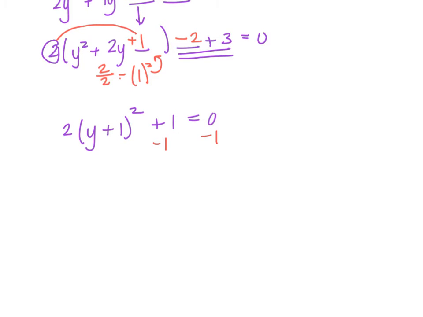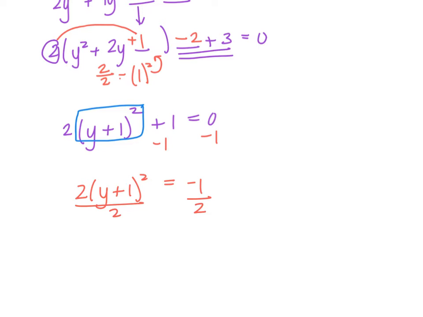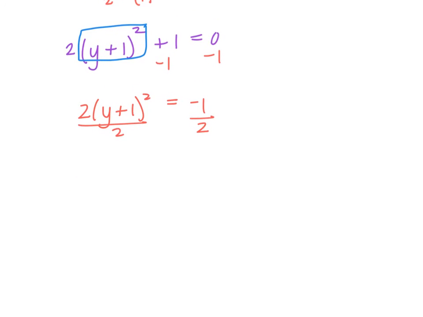So we're going to subtract 1 from both sides. We have 2 times y plus, let me talk about that. Whatever's being squared, we want to make sure to get that by itself. So if you have any plus or minus numbers on the outside, that's the first one to go to the other side. Now we're going to take care of that 2 out front. We're going to divide both sides by 2, leaving us with y plus 1 squared equals -1/2.